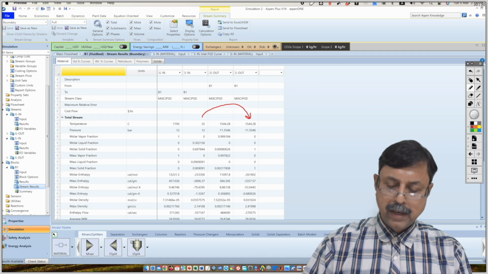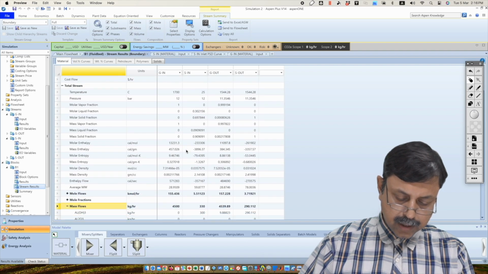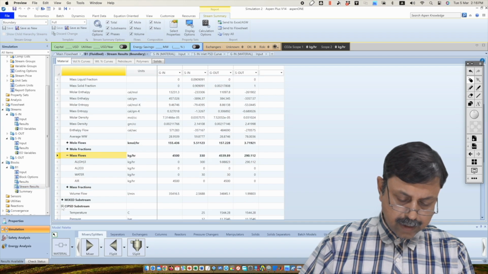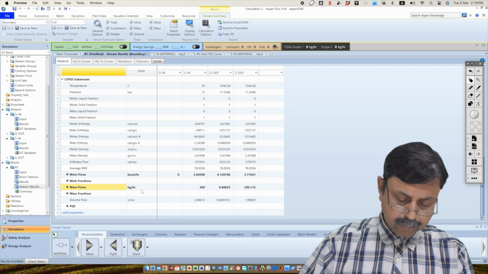So that's how it is functioning. Now we'll go to the particle size distribution and check it further. For that, you have to go to the CL/PSD substream. This is the particle size distribution.